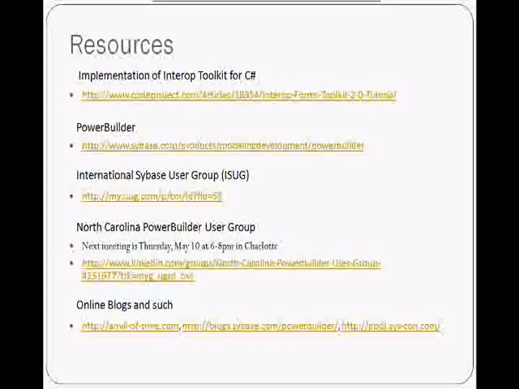Down at the bottom on the online blogs, there's my blog, there's the PowerBuilder blog on Sybase, and this last link is to the PowerBuilder Developers Journal, where Bruce Armstrong had done a series of articles on exposing .NET stuff to PowerBuilder. They're several years old, but that served as the basis for my investigation. So that's that. And that's me.